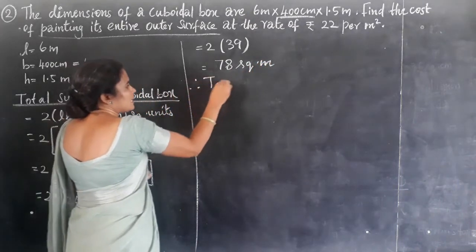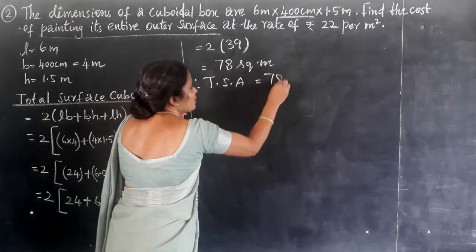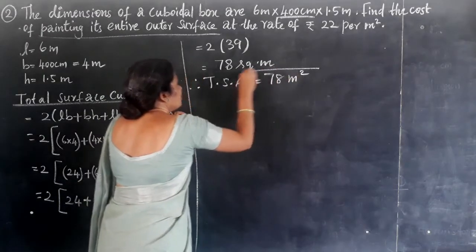So therefore TSA is equal to 78 meter square.